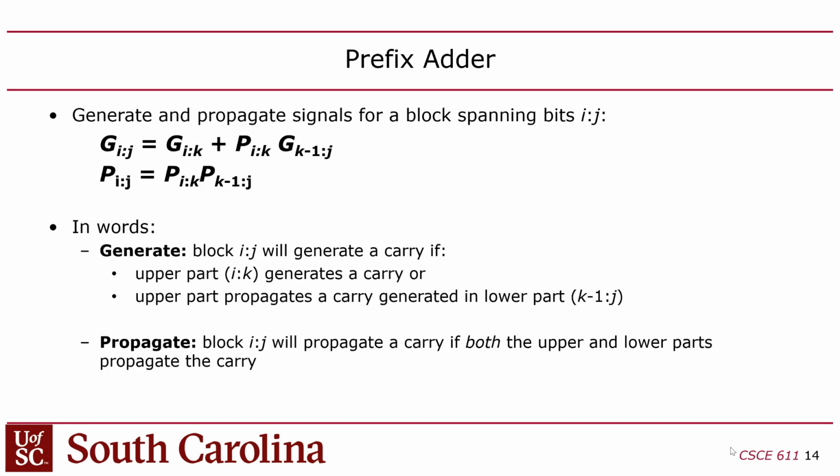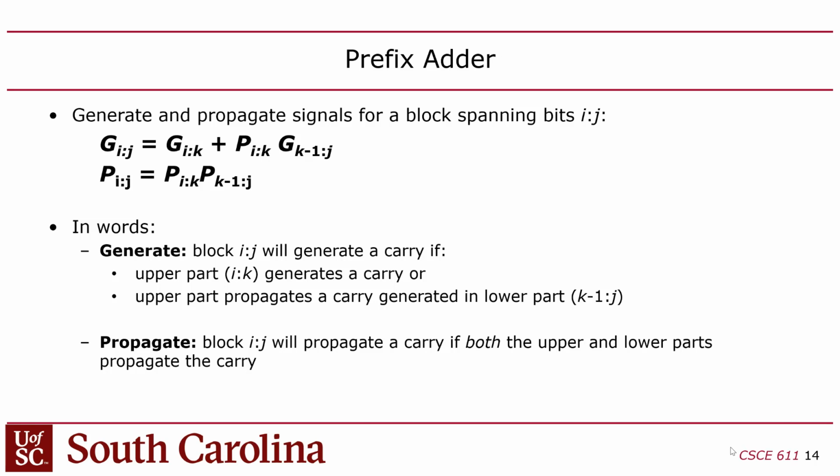But if the generate of the left half is 0, and the propagate of the left half is 1, then I have to consider the possibility that I can generate from the right half of the range. So again, it's i to j, the left half, the most significant half, is i to k, and the right half is k minus 1 to j. And of course the propagate: if both halves propagate, then the overall propagate is 1.